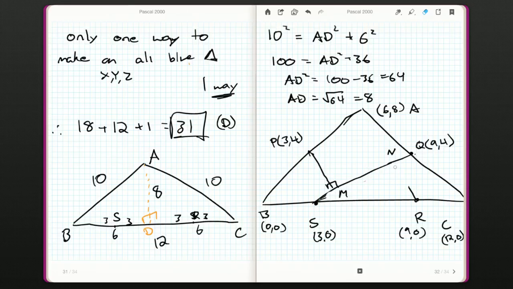I don't know what it is, but for some reason my hand just does not want to draw a perpendicular line very easily right now.